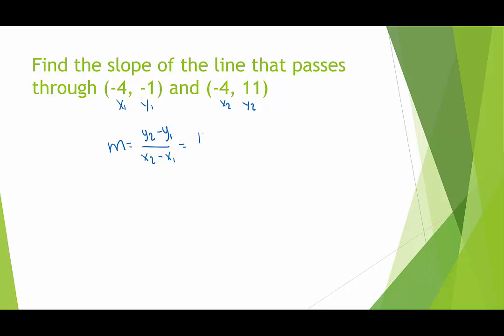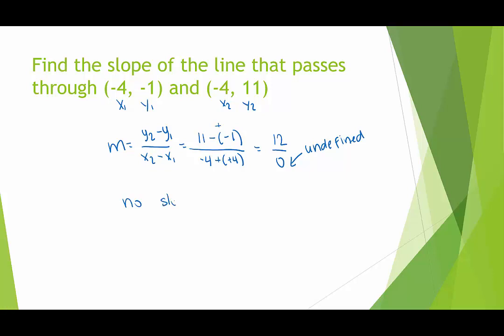So we get 11 minus, I'm being really careful with those negatives, over negative 4, again being really careful with the negative. 11 minus negative, this is like the same thing as 11 plus 1 is 12 in the numerator. The denominator, I have negative 4 minus negative becomes plus positive. That makes a 0. I have a 0 in the denominator. This is undefined. So we can either say that the slope is undefined or we say no slope.